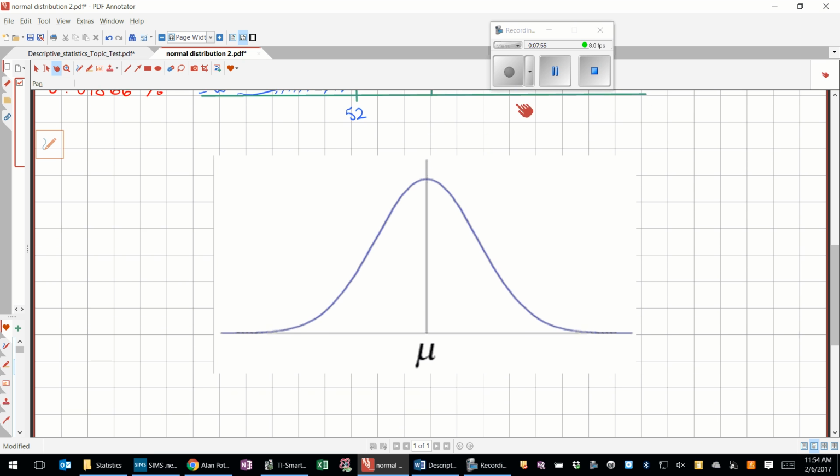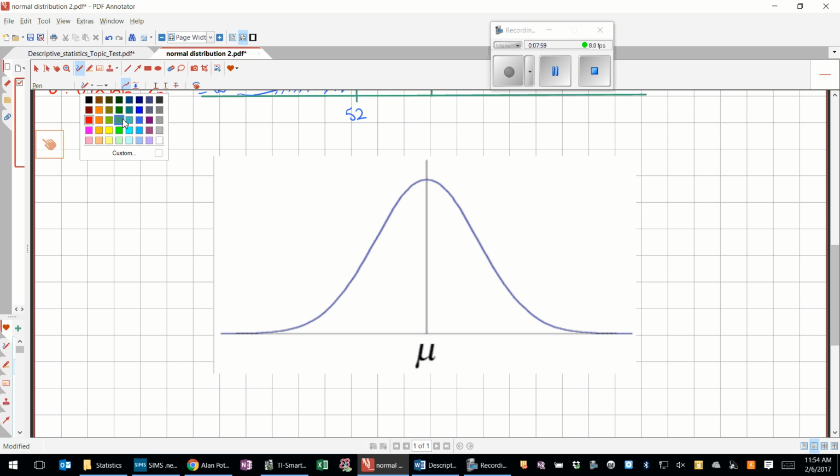We now need to look at doing the opposite. So we're going to find the value given the probability. For instance, we'll take the same situation.